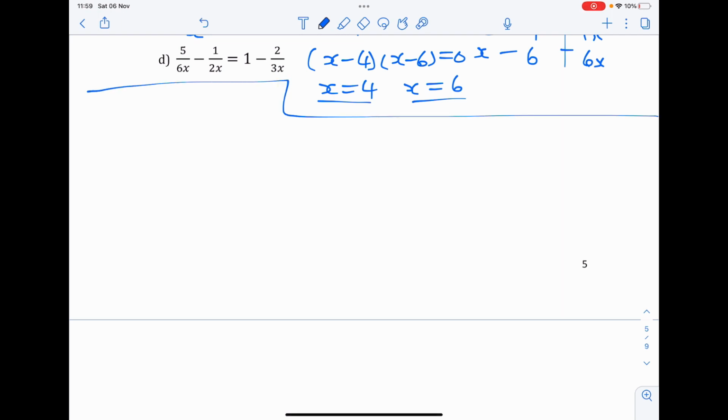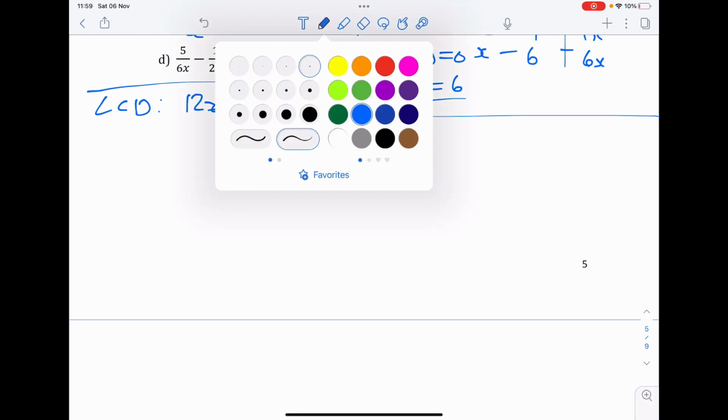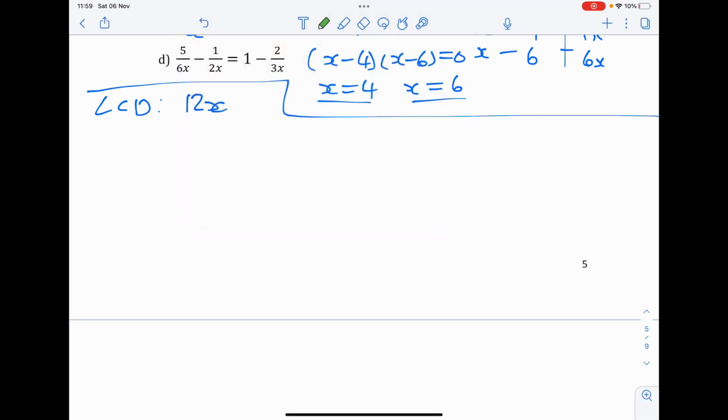I will start here. So for this question, the LCD is now going to be, we need an x. And then in terms of the numbers, we need the lowest common multiple of 6, 2, and 3, which would be 12. So that's what we multiply each term by, times 12x.